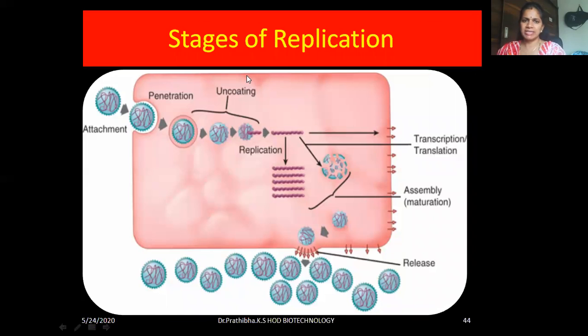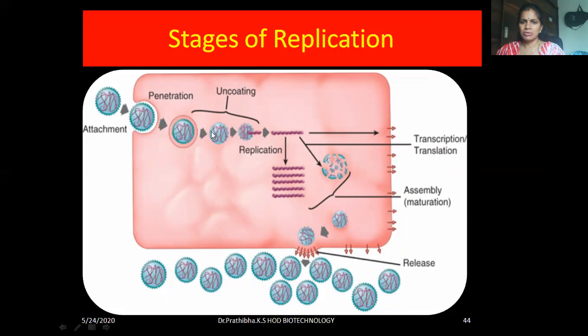You can see here the stages of replication. First, attachment. This is the virus and this is the host. They need the host to replicate and for the reproduction process. Attachment to the host receptors, then penetration, maybe through fusion with the plasma membrane. Once the penetration has happened, we can see the uncoating in different stages.